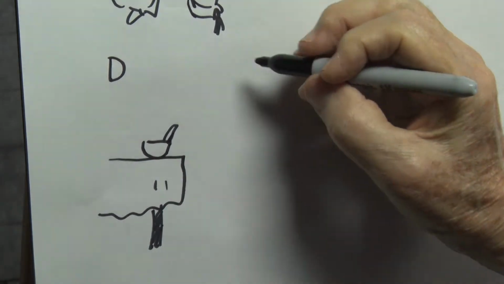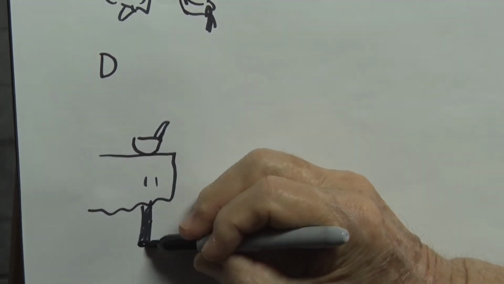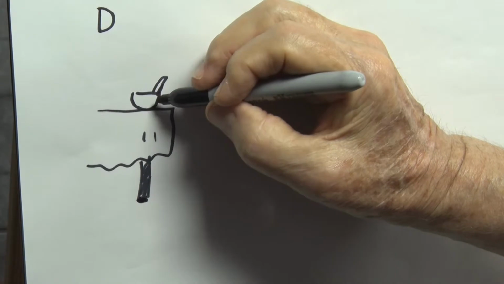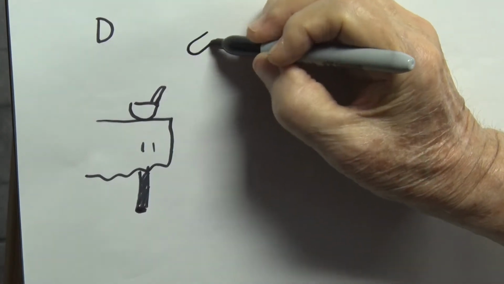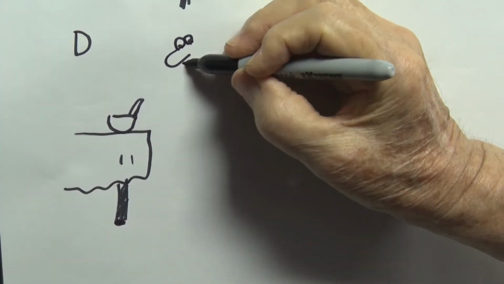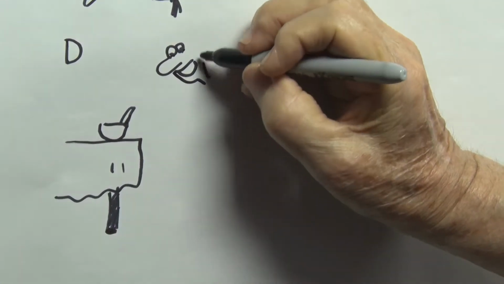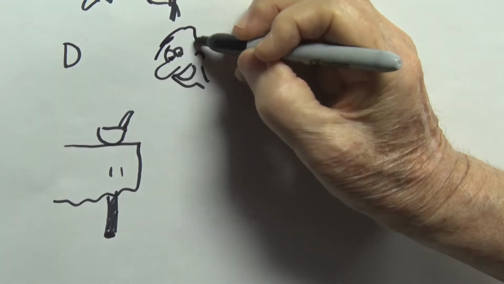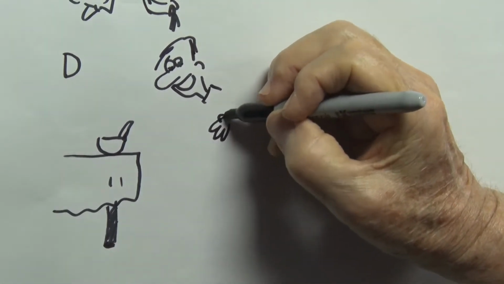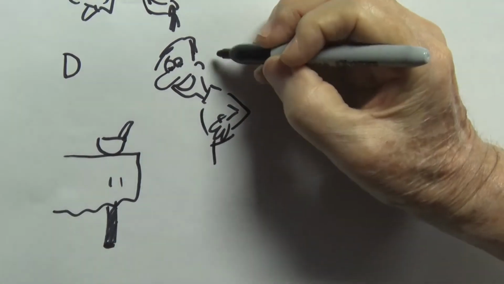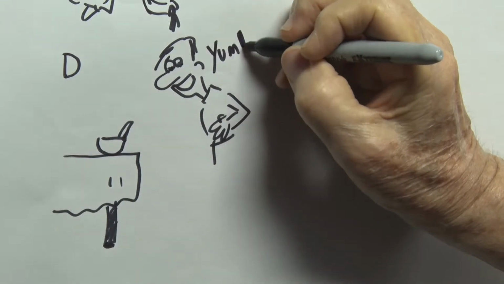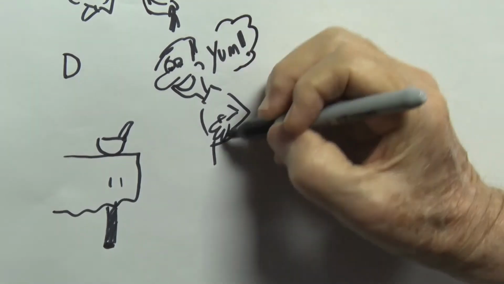And then maybe someone just walked in and saw that and knew it was something good to eat. And that's the reason, notice this D turned down, that's the reason for the big smile on his face. Yum, he's saying or thinking.